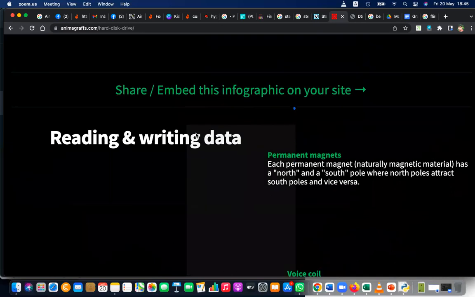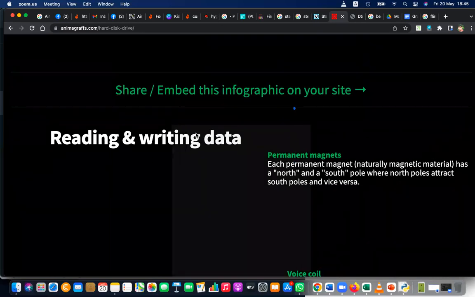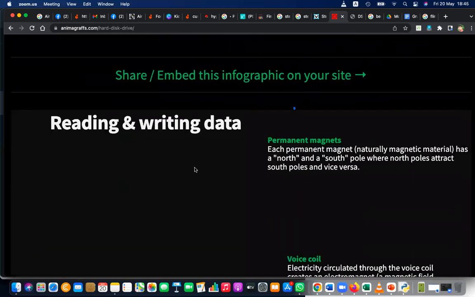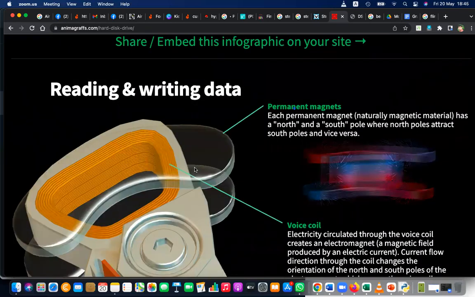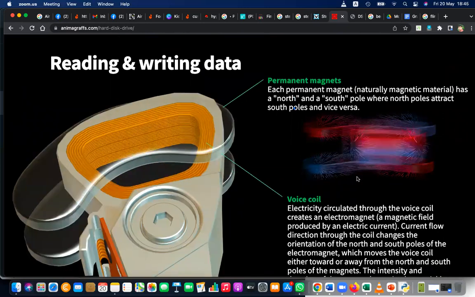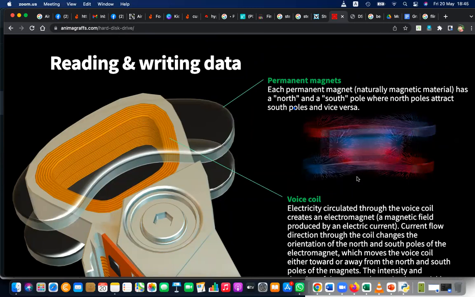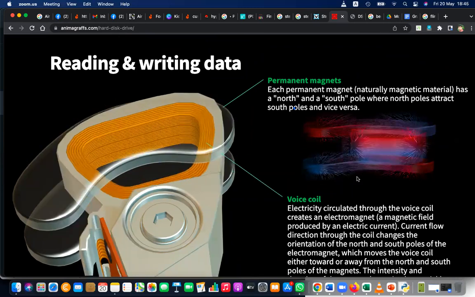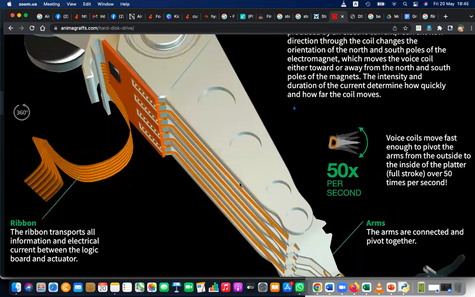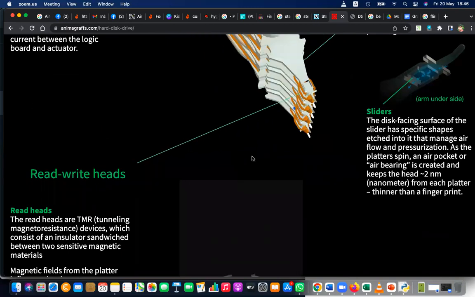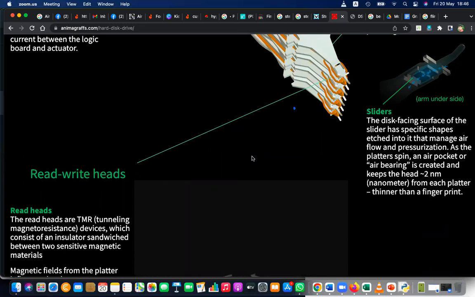Actually, how the reading and writing happens is the next thing. So please see here. There is a magnet. A magnet has two sides, north and south. What happens basically when it moves back and forth is that the magnetization coming to the head will vary depending on the inputs given.